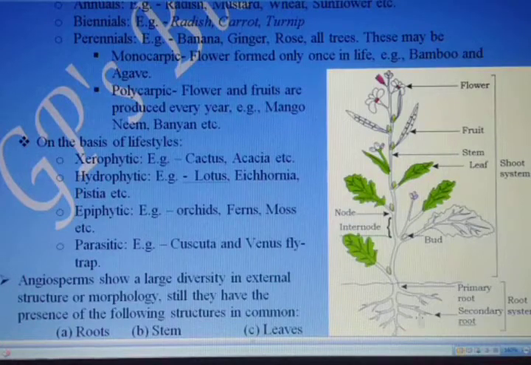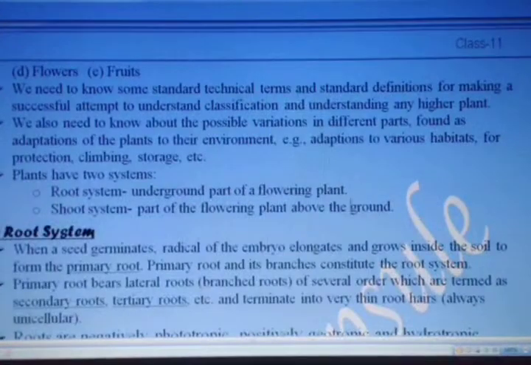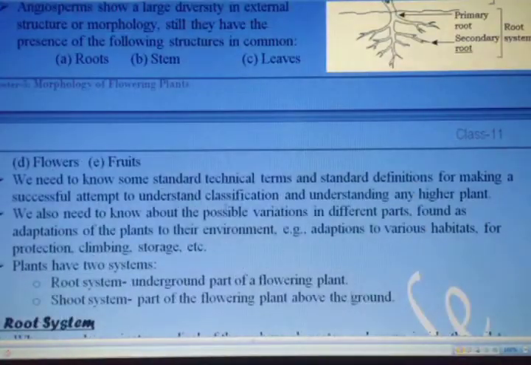And over here two systems are formed. The one present under the ground is called the root system, and the part of the plant that grows outside or above the ground surface is called the shoot system. That means two different systems are present in all plants here. Some plants live in water, they are hydrophytes, so a little variation will come there.